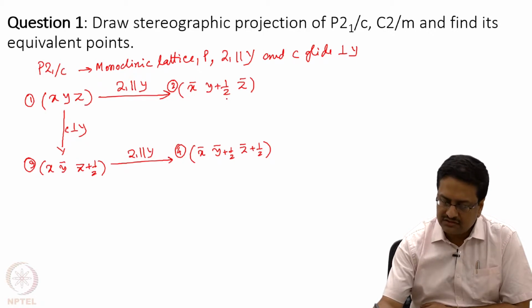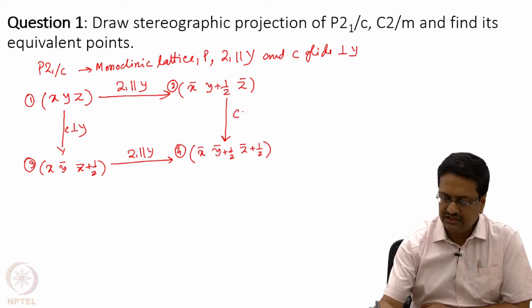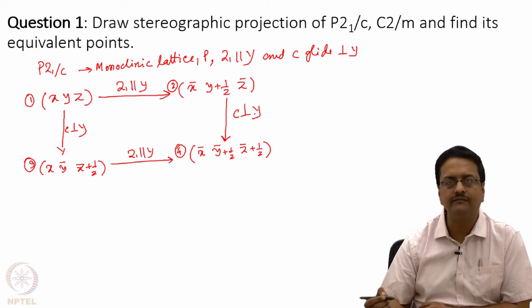So now what is the relationship between the points 2 and 4? This is again a c glide perpendicular to y.